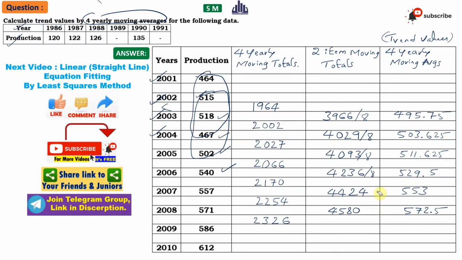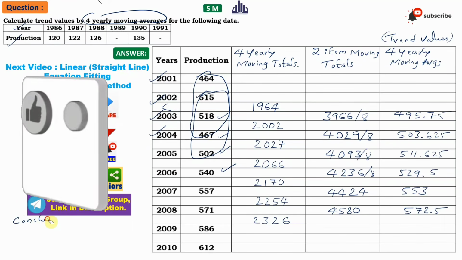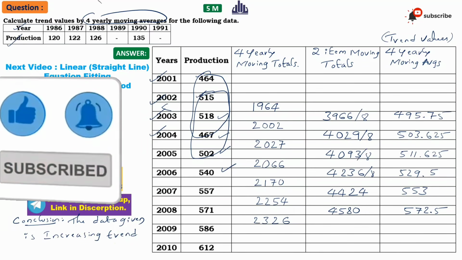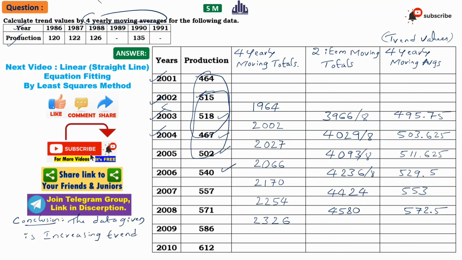Throughout, those trend values are increasing, so the conclusion has to be written as upward trend or increasing trend. So conclusion, let me write here. So this is how 4 yearly moving averages values have to be calculated.